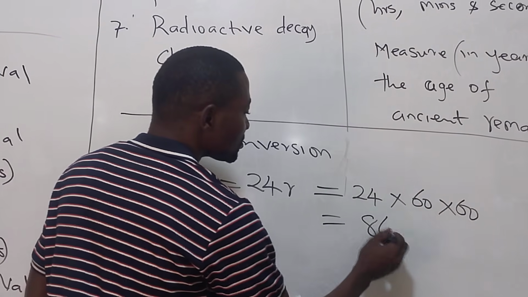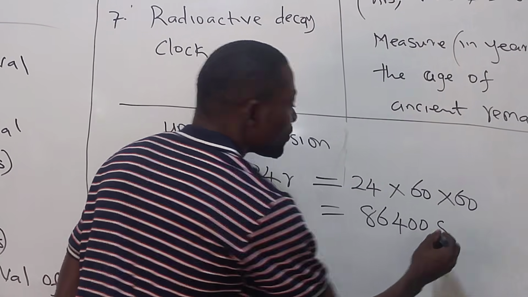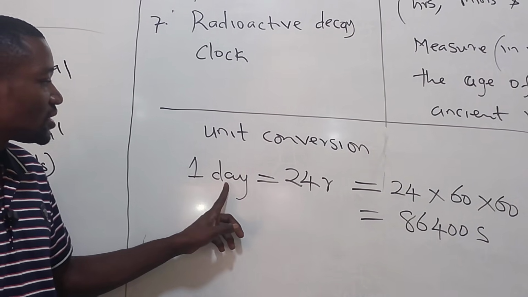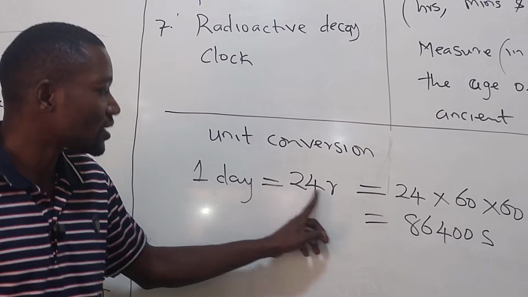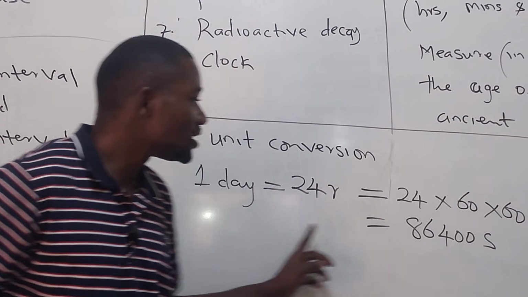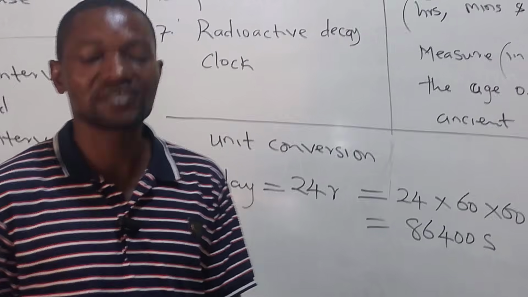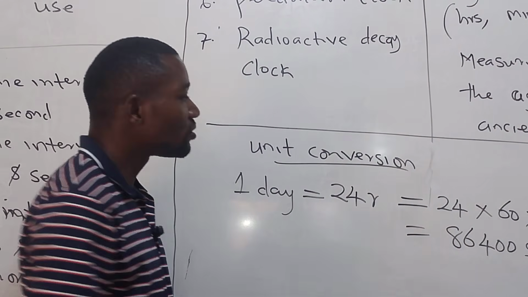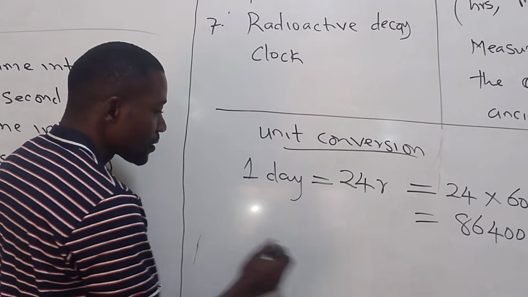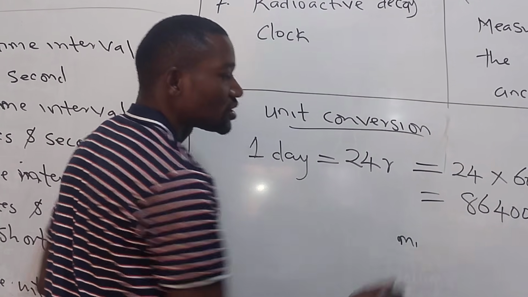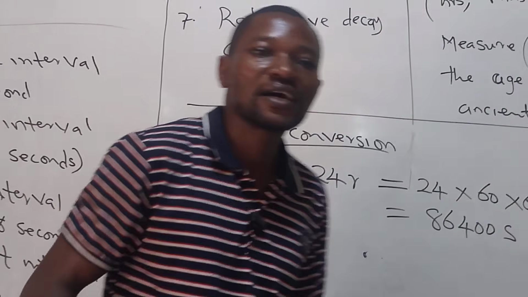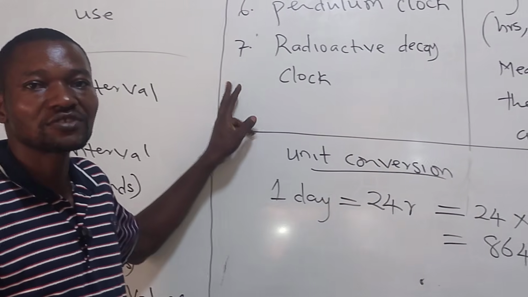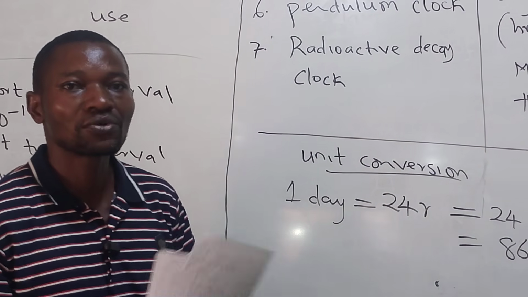It will give us 86,400 seconds. So in a day, we have 86,400 seconds. So in unit conversion of time, we can convert from minutes to seconds, from hours to minutes to seconds, which is the SI unit, wherever it is possible to convert from one unit to another.